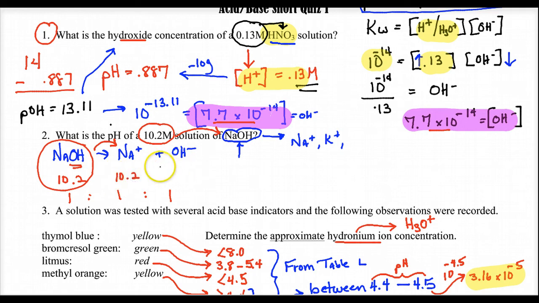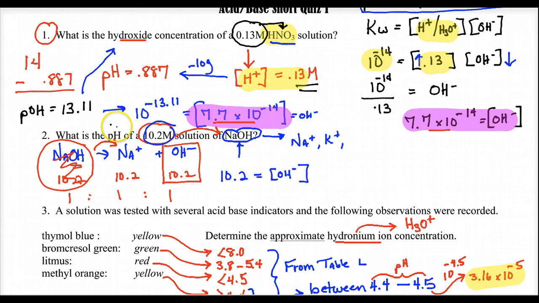And so the hydroxide, that's really the one I'm after. So all of the NaOH becomes the hydroxide. Now, of course, it makes a 10.2 molar solution of Na+, but that's a spectator. It doesn't affect the pH. This is what I'm after. So again, dealing with a strong base, the concentration given is really the concentration of the what? Of the hydroxide.